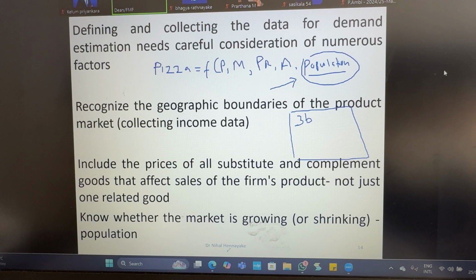Okay, so I will ask this one. Now, our product is not the pizza, right? So it is this one, baby pampers.